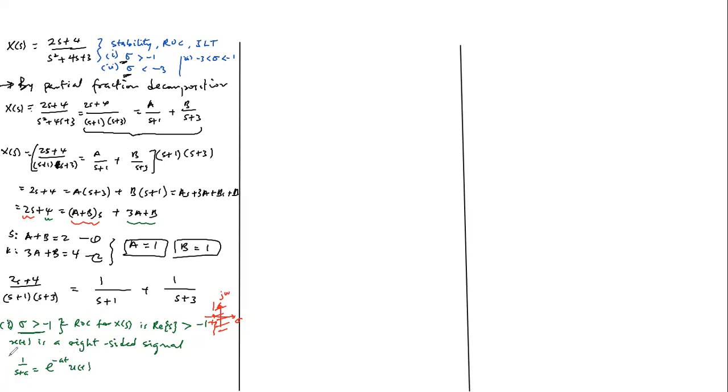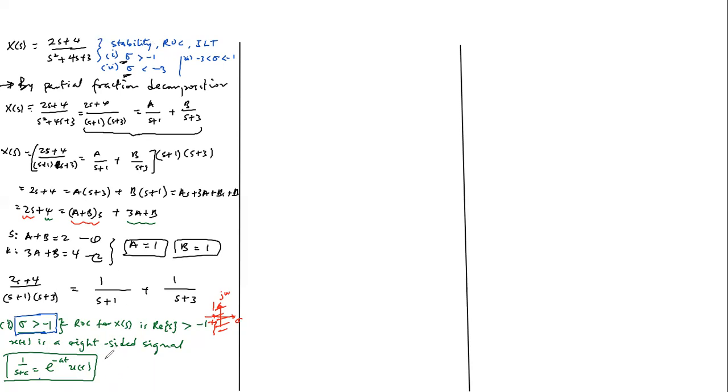So based on this condition, our inverse Laplace transform for this problem, x of t, having a right-sided signal, and this is the right-sided version of the Laplace transform pair, then when a is the same as 1, we are going to have this.